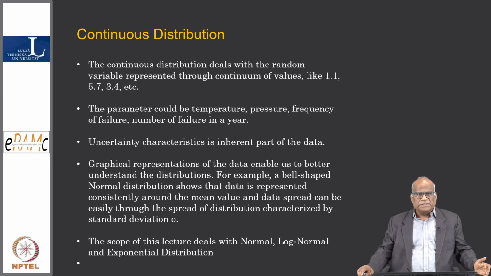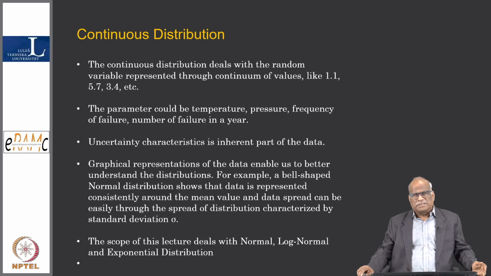Now continuous distributions. Typically, if the value of interest is in the form of 1.1, 5.7, 3.4, unlike discrete numbers 1, 10, 15, 20, then we have a continuous distribution.